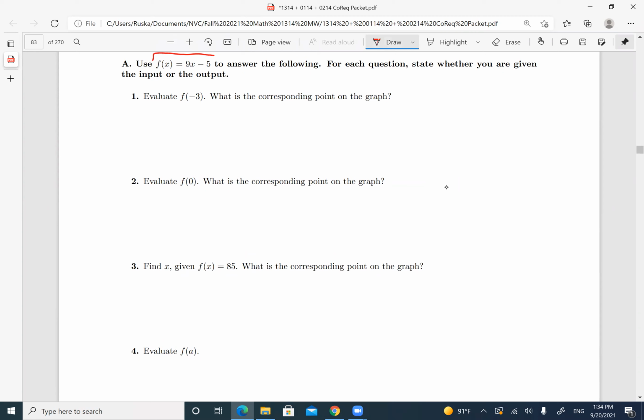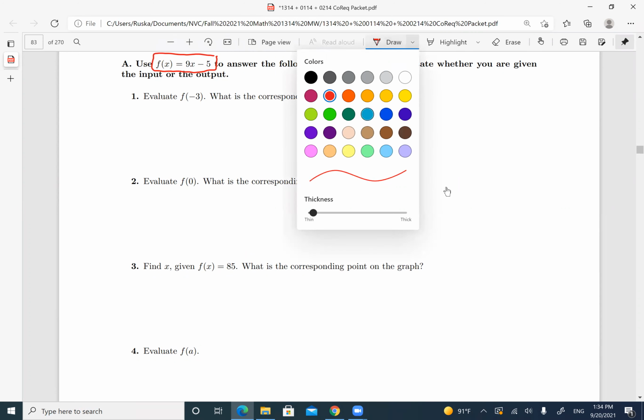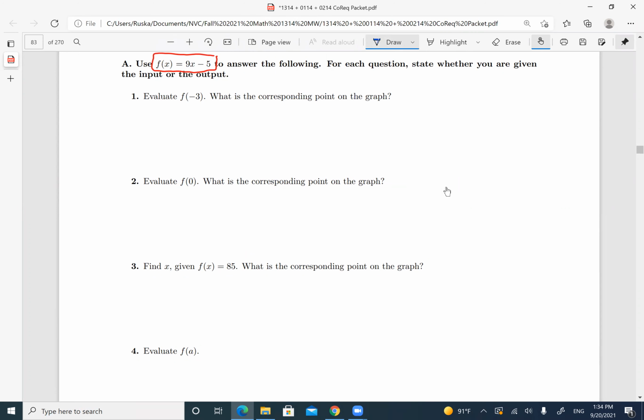So this is the function we're using. So you want 1, 2, or 3? 3. 3, okay, everybody wants 3.